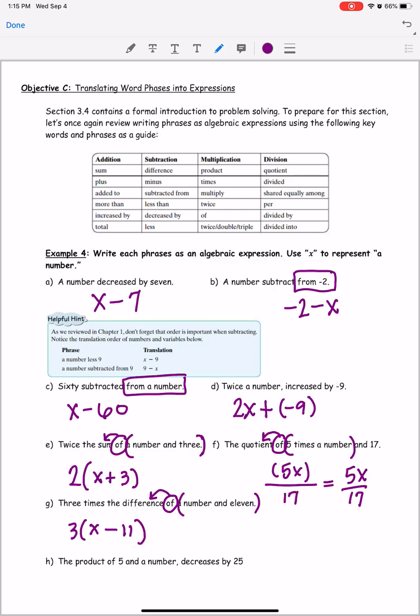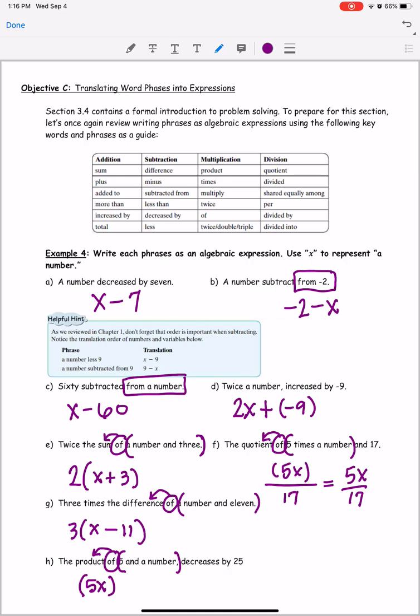And then lastly, the product of 5 and a number decreased by 25. So the product means to multiply. Between this 5 and a number, we're multiplying. So I've got 5x in parentheses. And then we are decreasing by 25.